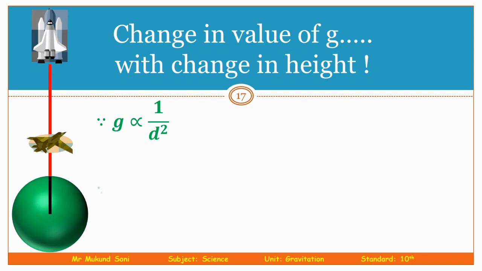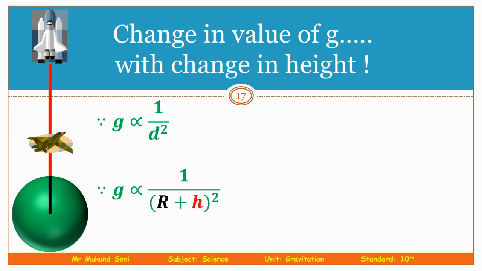So the black line is the radius of the earth, and the red line is the height. Now you know that aeroplanes and rockets are moving at different heights, but if we add that height to the distance between the center of the planet and the artificial satellite or aeroplane, then that will be the actual distance.